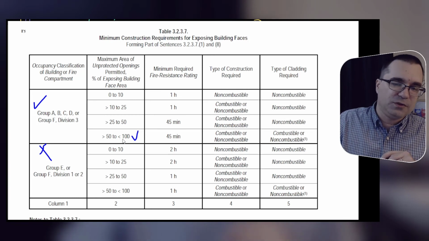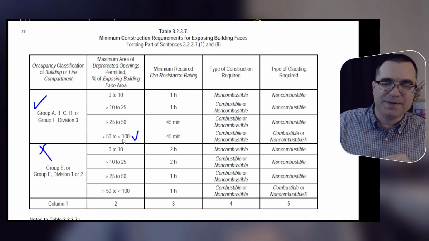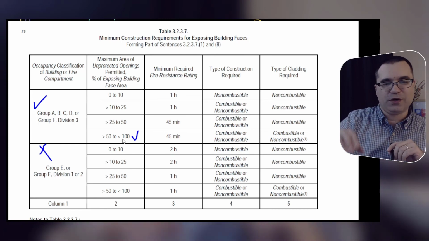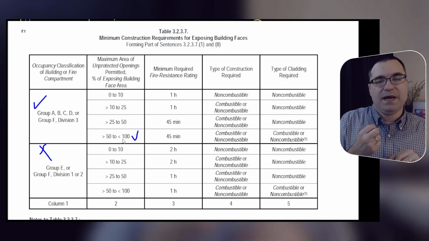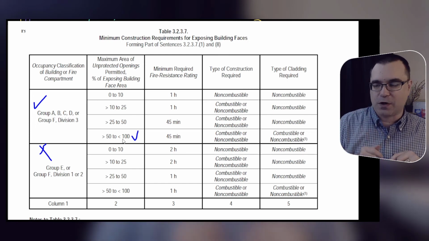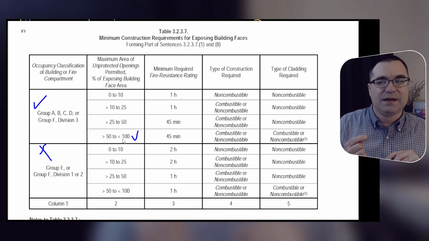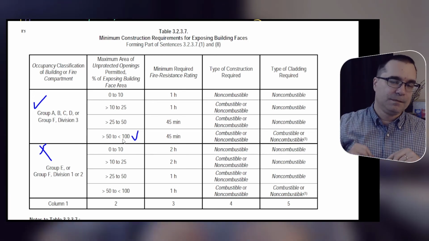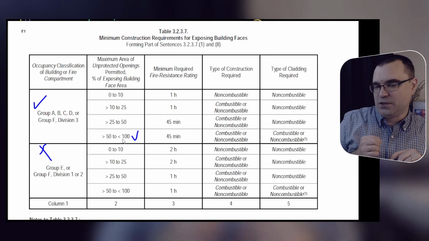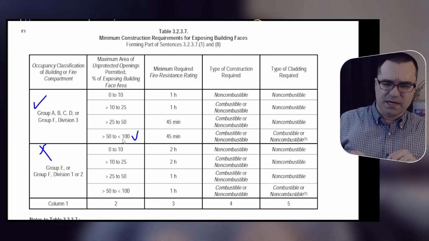So when you get up to 100%, what that basically means is that you need no fire resistance rating, and you don't care about the type of construction requirements, and you don't care about the type of cladding requirements, because the whole thing can be unprotected. Now, that's usually not recommended, but it'd be the right answer in this case, okay?